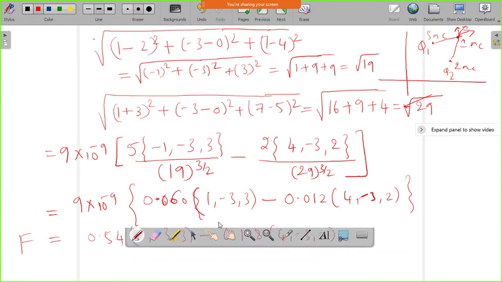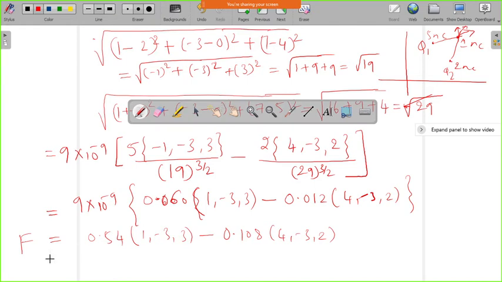So now we have two vectors, which is nothing but 0.54 into 1, which is 0.54 in the direction of AX, minus 3 into 0.54, that is in the direction of AY. So you do that, or you can multiply these two and write it in terms of AX, AY and AZ.